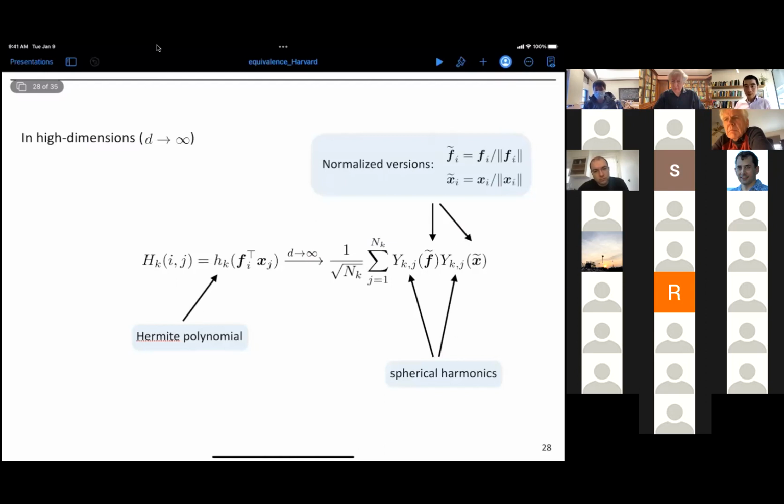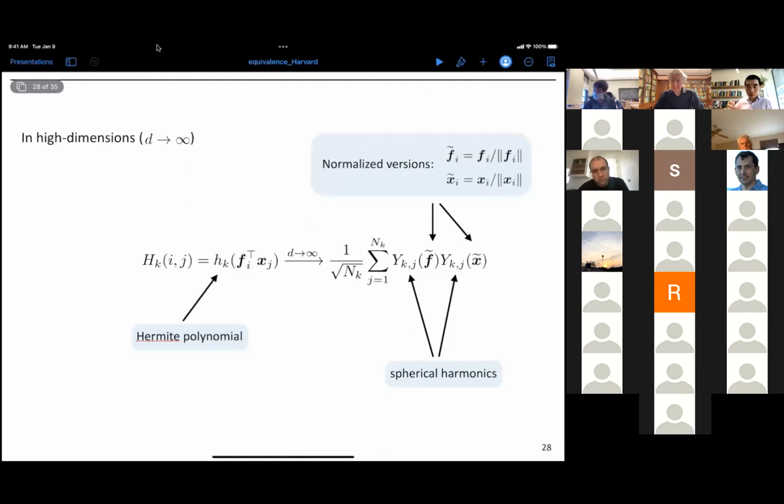But the nice thing is, if your vectors are uniform, rotationally invariant on the sphere, then the spherical harmonics are uncorrelated. So if you say, let's forget about their correlation and assume all the spherical harmonics are independent, it's clear why you should get a Gaussian law for each entry.